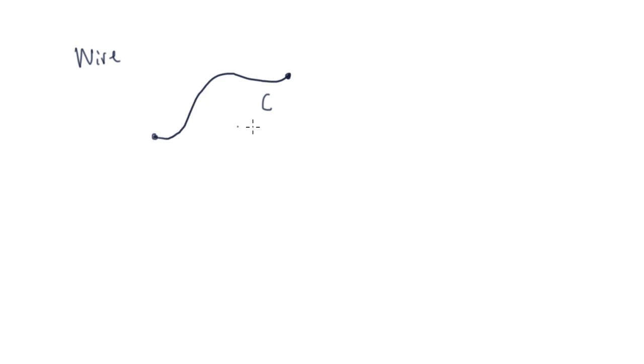And let's say that the wire has a linear density. This is going to be exactly like the volume density or the area density. We use sigma for area density, delta for volume density. We don't really need to use a different letter here, but we'll use lambda for linear density.